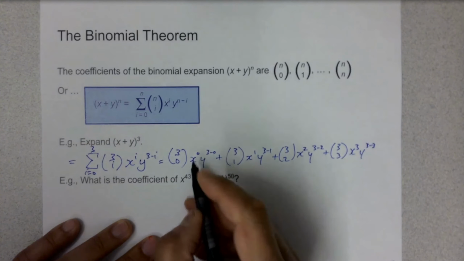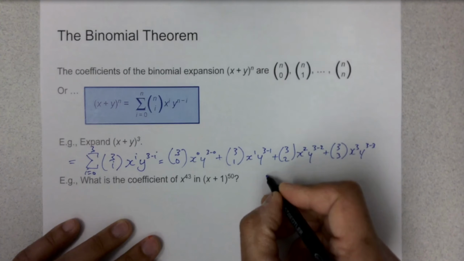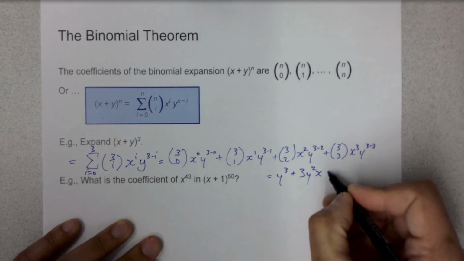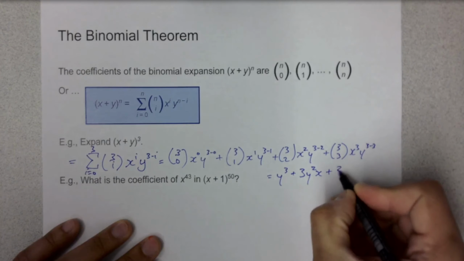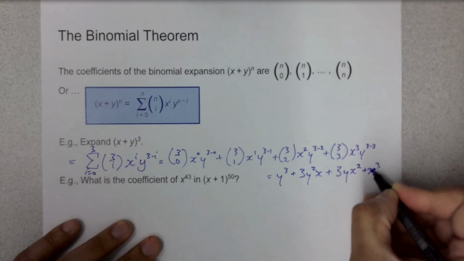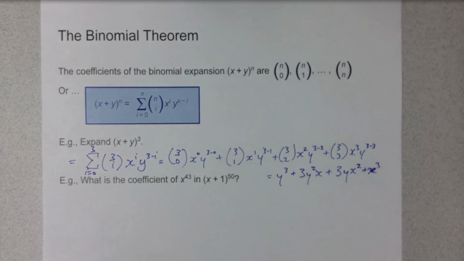Simplifying this down, x to the 0 goes away, 1 goes away, and we end up getting this very familiar expansion in increasing degree. Just keep going with this. So this is something that we're familiar with from grade school, shorthand using Pascal's triangle.